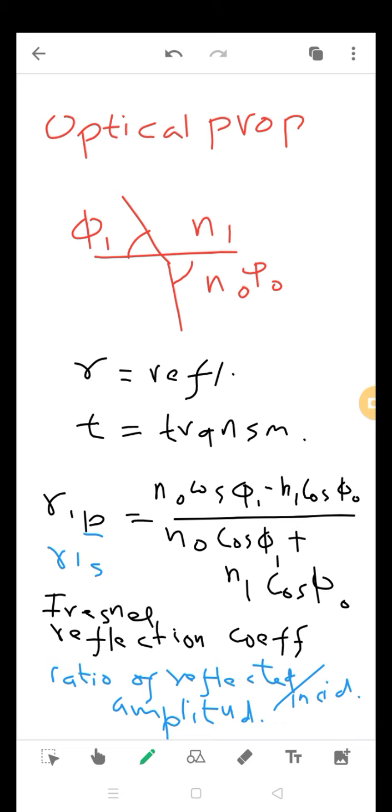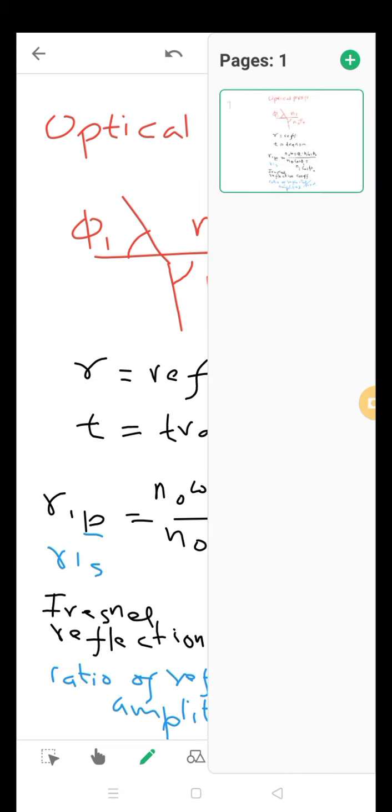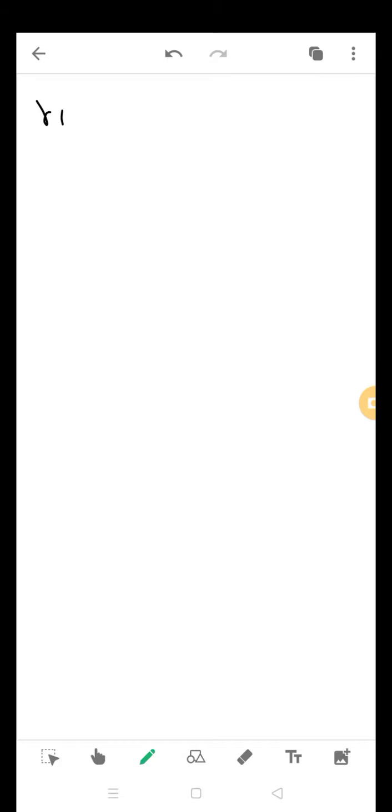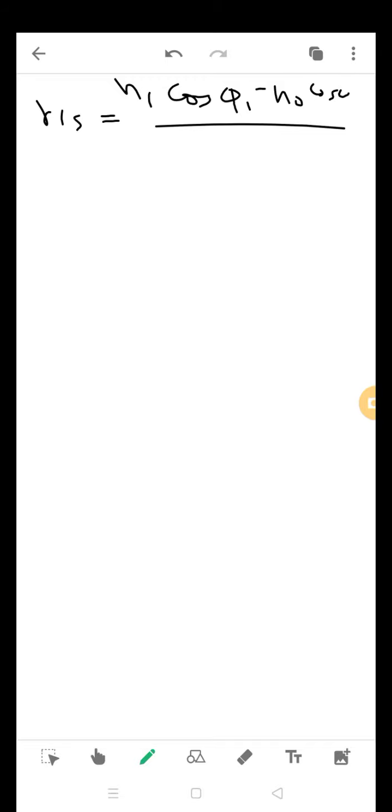So there are two components, one parallel and one perpendicular to the plane of incidence, and the value of R1S is n1 cos phi 1 minus n0 cos phi 0, divided by n1 cos phi 1 plus n0 cos phi 0.